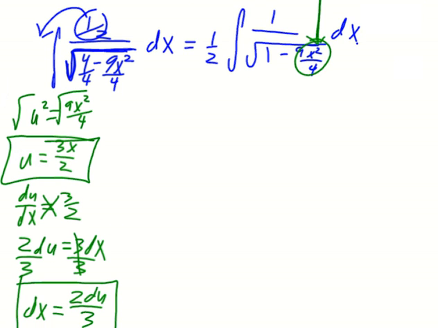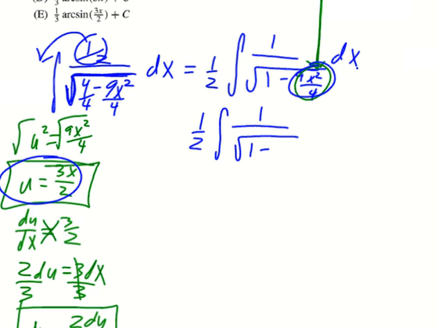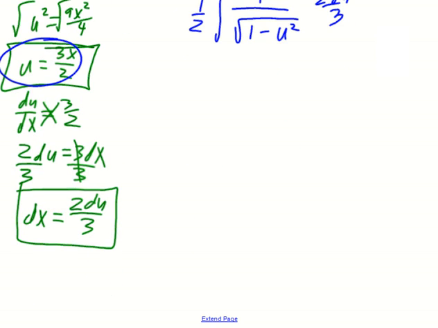So what that means is that we have 1/2 times the integral of 1 over the square root of 1 minus, and now if u is 3x over 2, then this stuff right here is u squared, which is exactly what I want because this is how the derivative of sine inverse looks. And then for dx, I'm substituting in 2 du over 3. Remember, I got that from right down here.